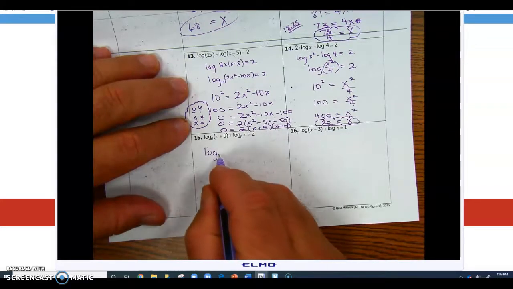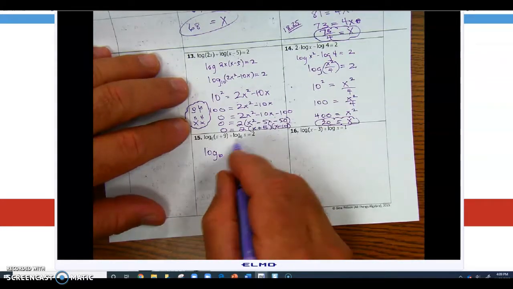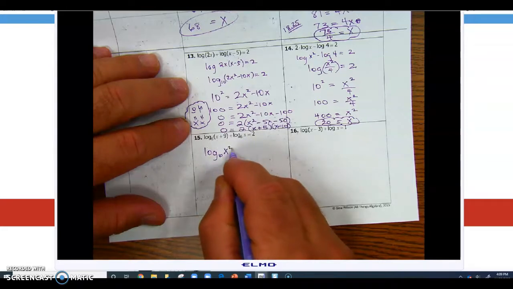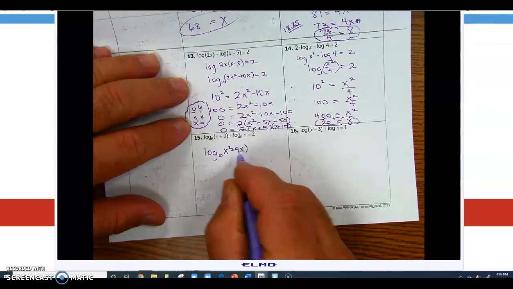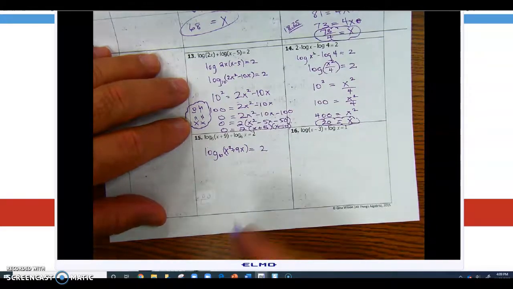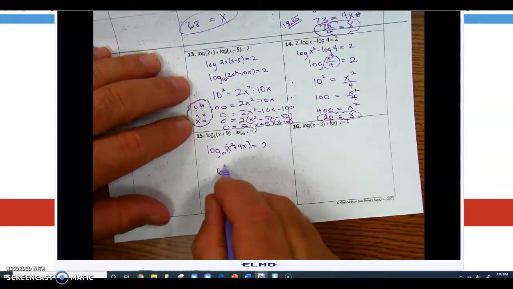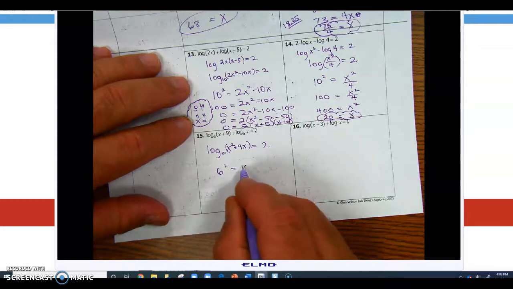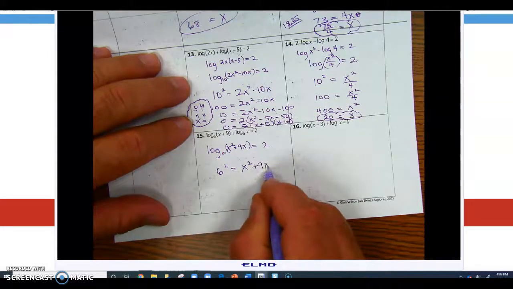Log base 6 of, I'm just going to go ahead and multiply these. X squared plus 9x equals 2. And that gives me 6 squared equals x squared plus 9x.